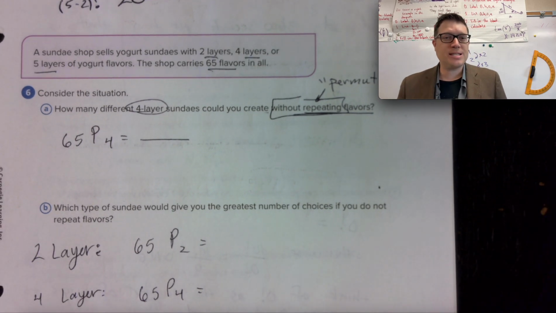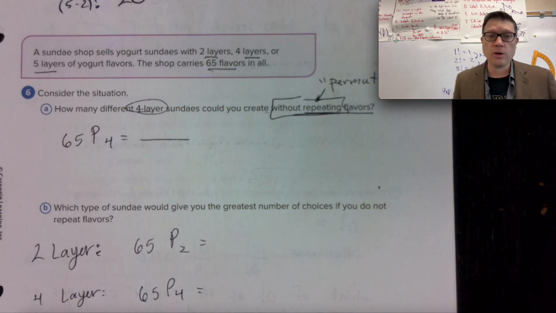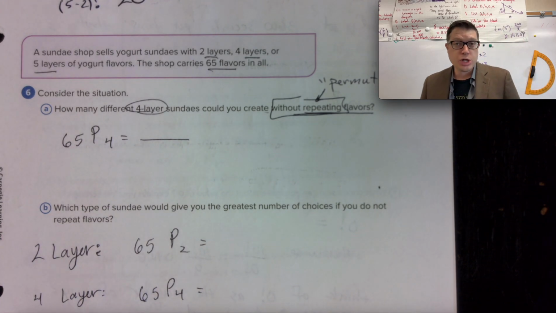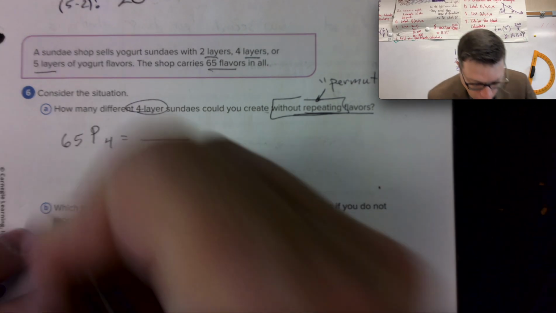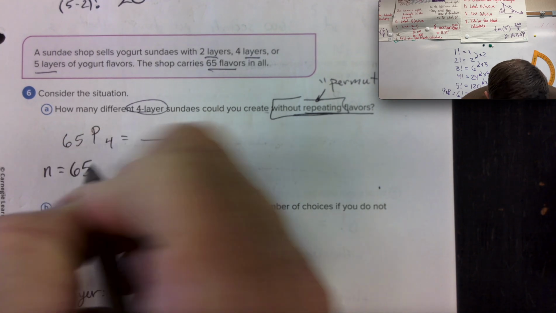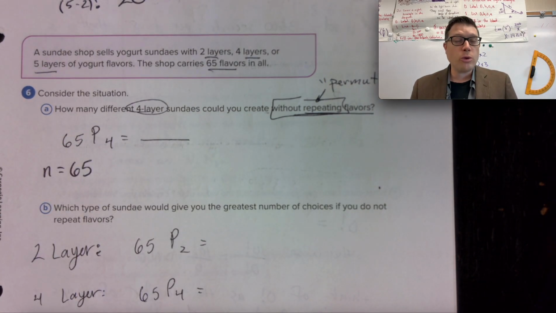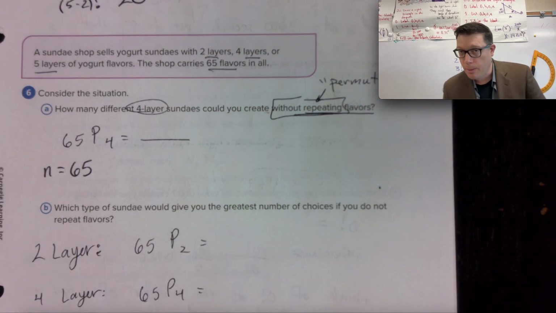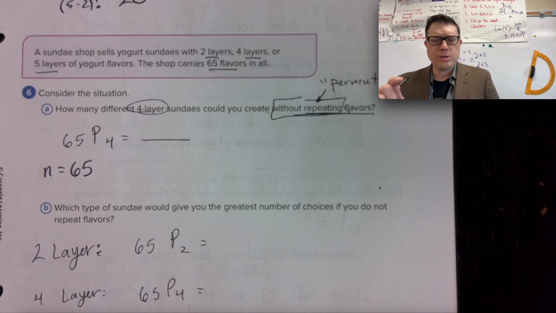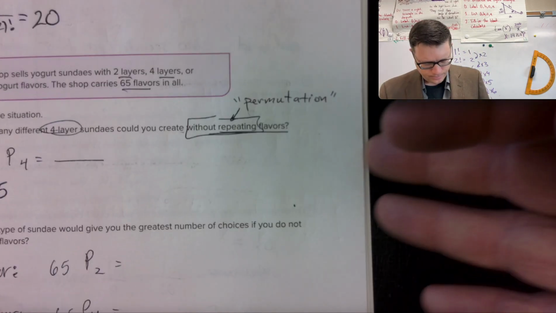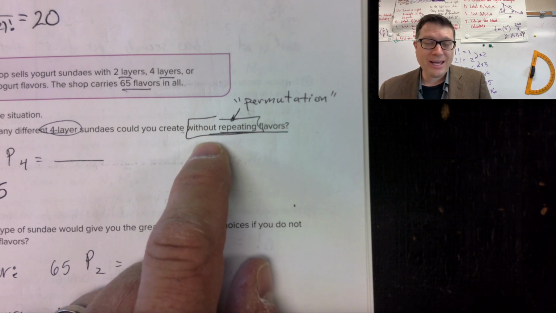Let's try the next one. A sundae shop sells yogurt sundaes with 2 layers, 4 layers, or 5 layers of yogurt flavors, and the shop carries 65 flavors in all. N equals 65. How many different 4-layer sundaes could you create without repeating flavors? What makes this a permutation? Because we say without repeating.